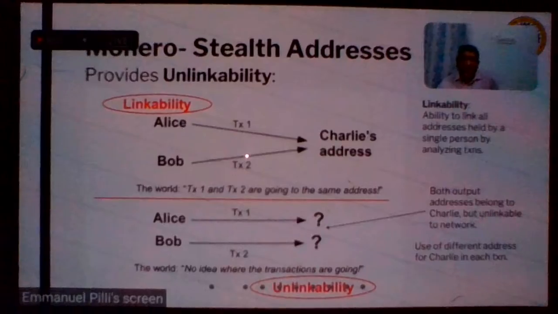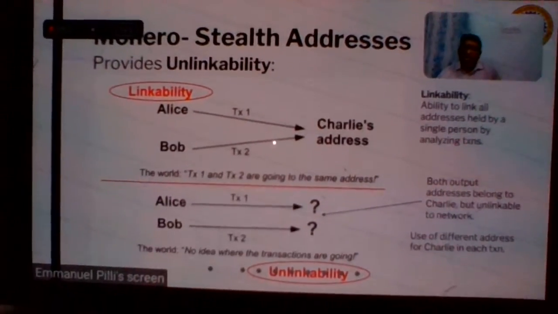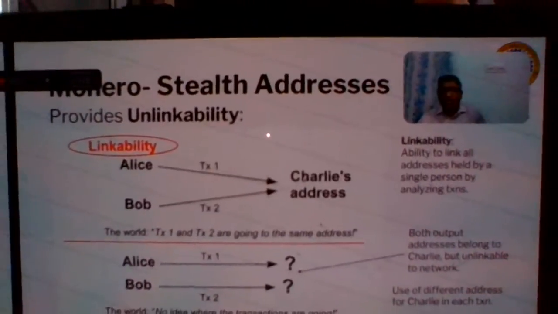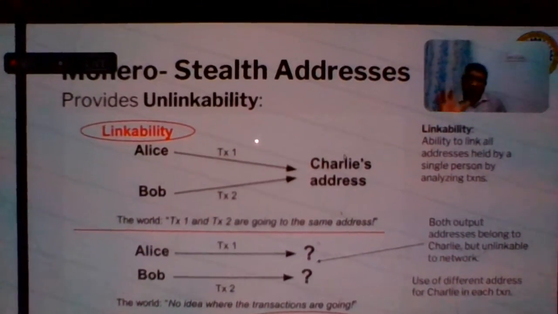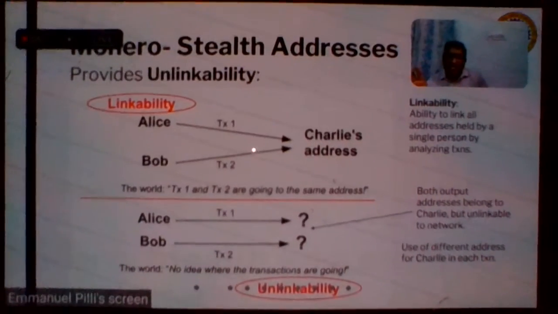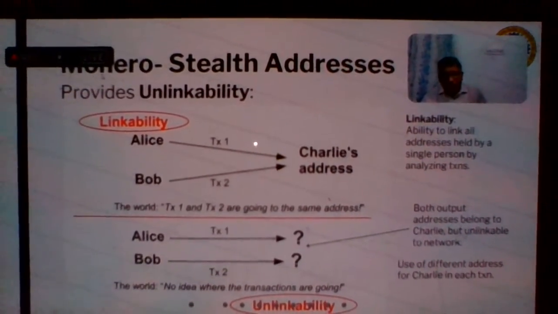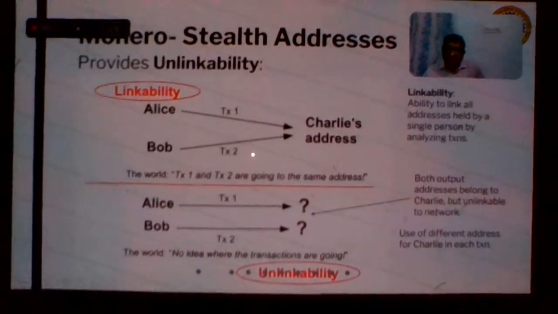This is what is called linkability: the ability to link all addresses held by a single person by analyzing the transactions. So it appears that these two people are linked to Charlie. But in Monero, it comes up with an option that they are unlinkable by the network.